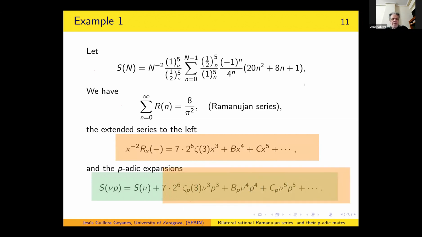We see that this is a p-adic analog of the Ramanujan series to the left. And the other part, this one, is very simple.